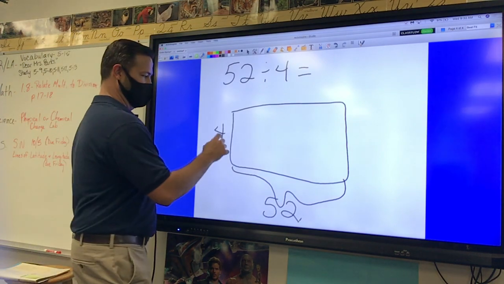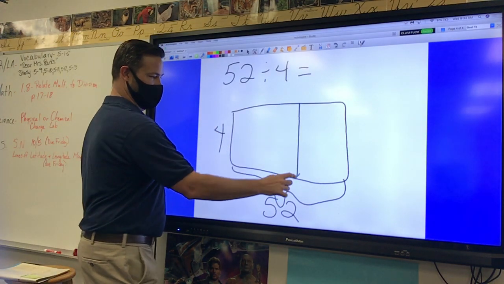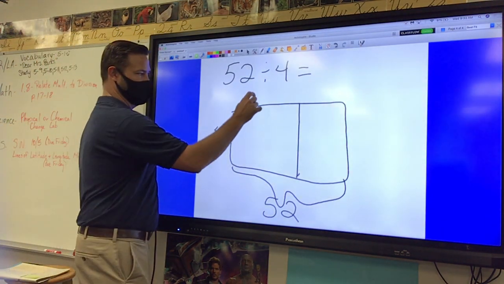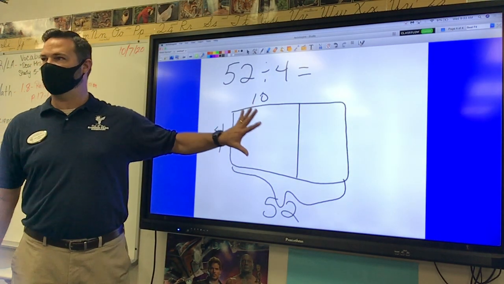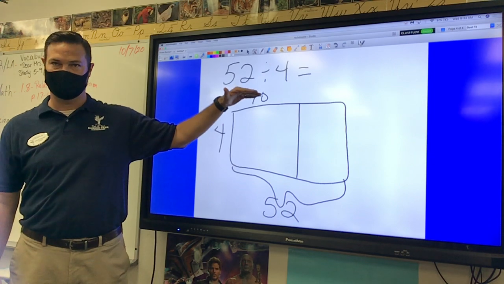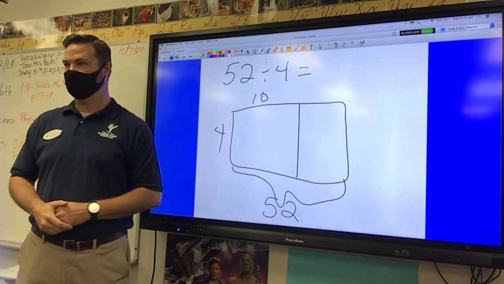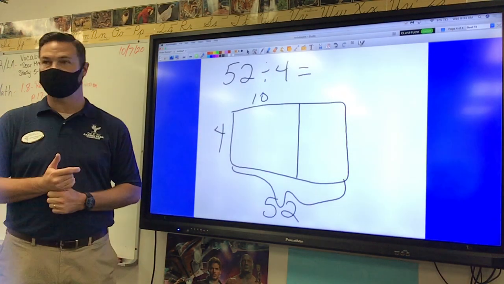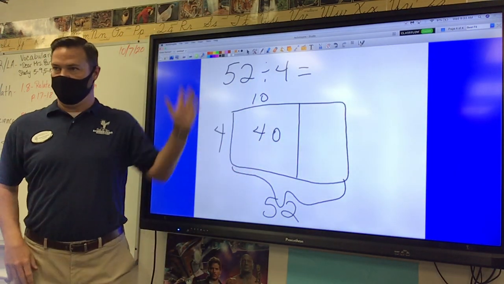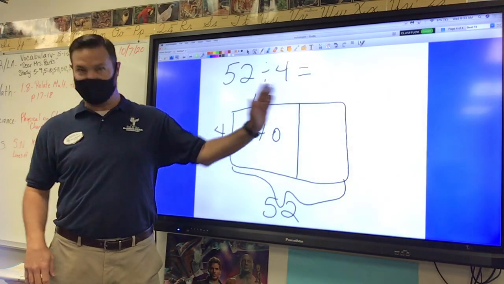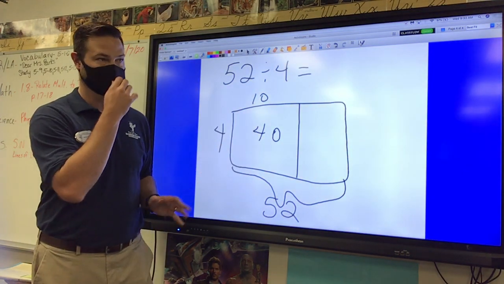What if I said, I want to just do 10, right? Let's just say this is 10 columns, right? How much would be in this box if I had 10 columns of 4 rows? How much would I have, Charles? 40, right? I just skipped doing 1, 2, 3. I got a 10. I had a group of 10.